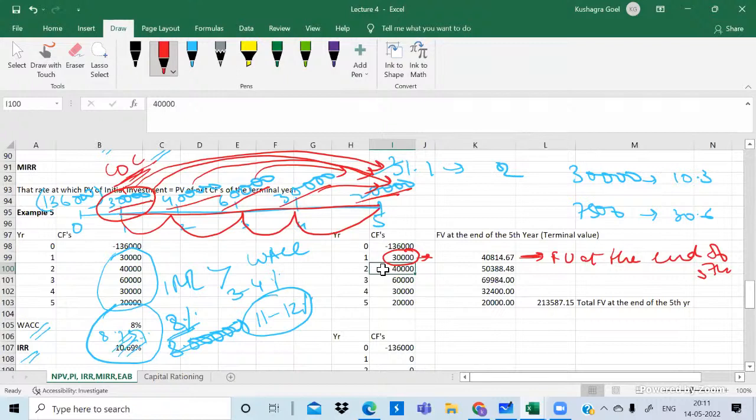So I'll calculate the future value of this 40,000. The future value of this 40,000 is 50,388. Calculate the future value of 60,000, 30,000, and 20,000. You'll get these numbers. Just go through this and let me know if you're struggling with any of these numbers, the future value, or if you have a doubt or a query.